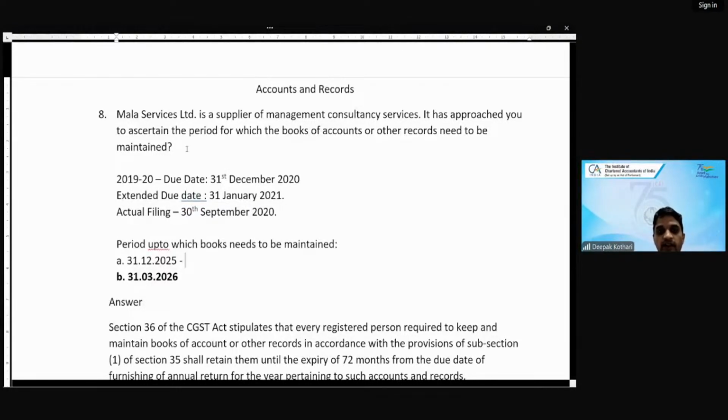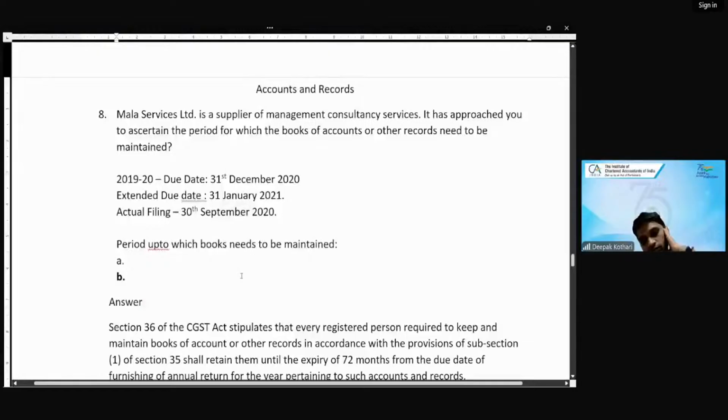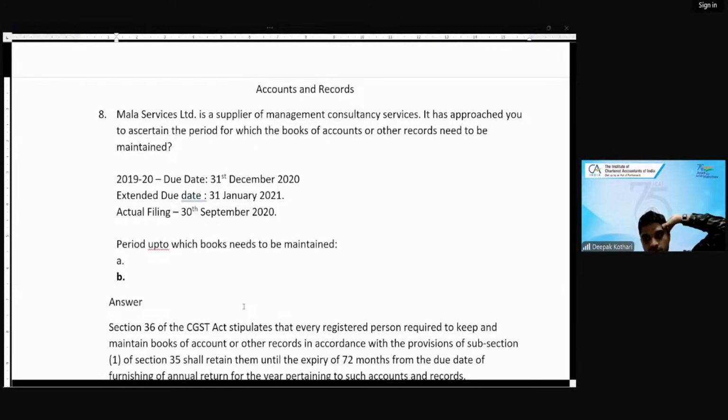So in this case, period up to which the books have to be maintained. Of course, here also I will give you options. My friends will give me a lot of options here. If due dates extend only for Mala Services, no, the provisions do not allow to extend for each individual person. That is not possible.